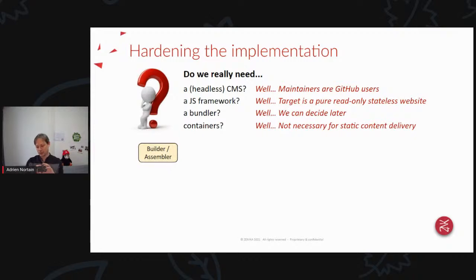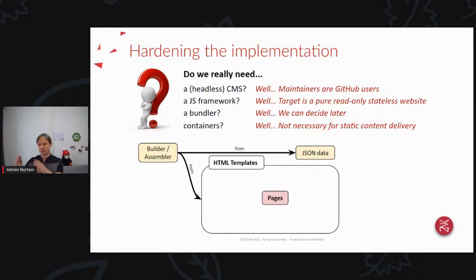We also wanted to not duplicate too much code. So we designed a very small script, a builder assembler, that was taking JSON data where people would input the relevant content: our employees, the job positions, the events, what else? Well, everything that was kind of dynamic in our website that you didn't want to edit the HTML directly, right?